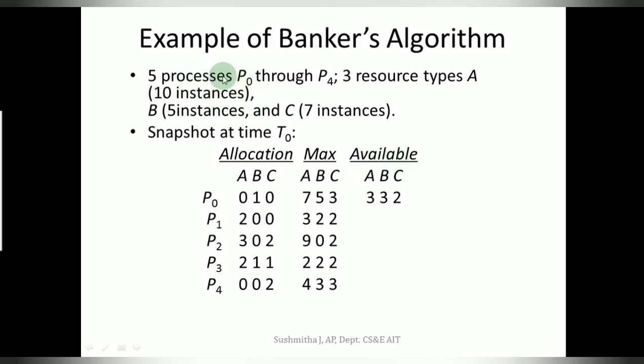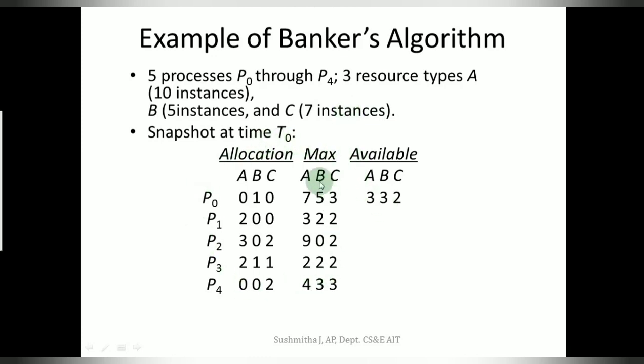Here there are 5 processes P0 to P4 and I have 3 resource types A, B and C. Resource type A has 10 instances, B has 5 instances and C has 7 instances.